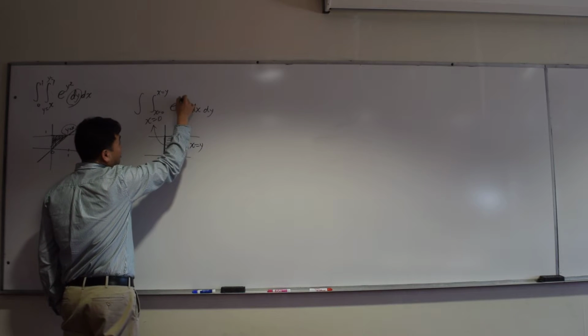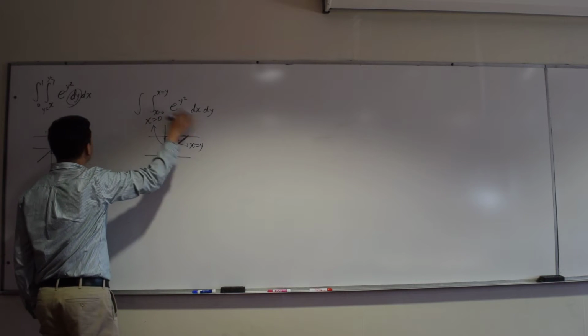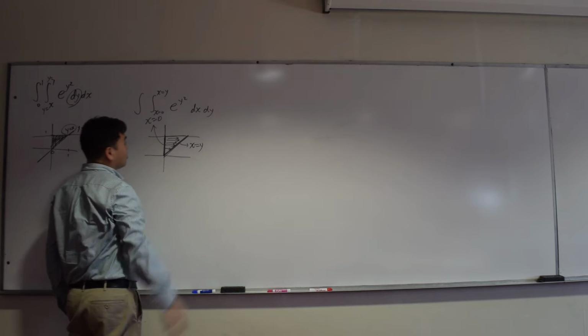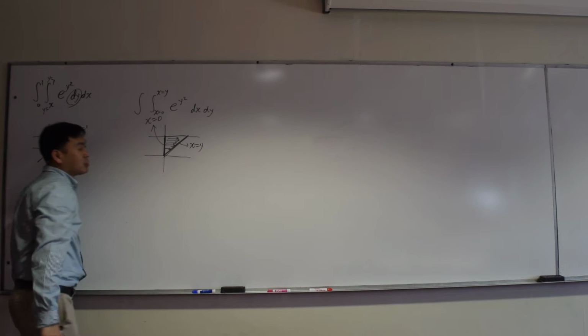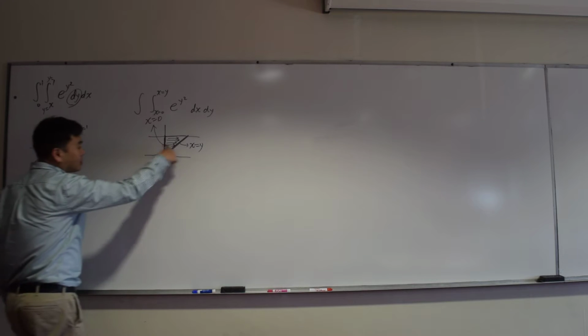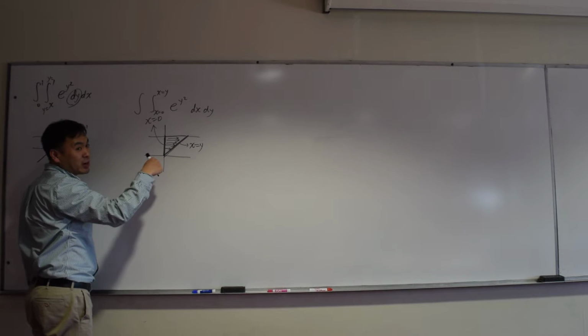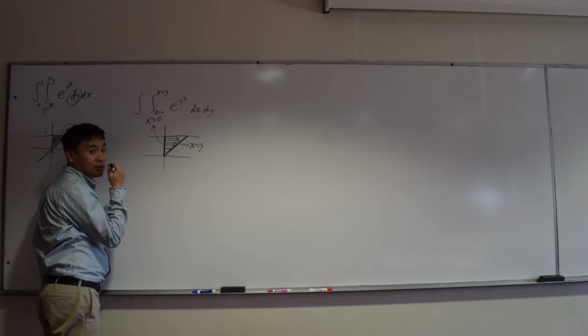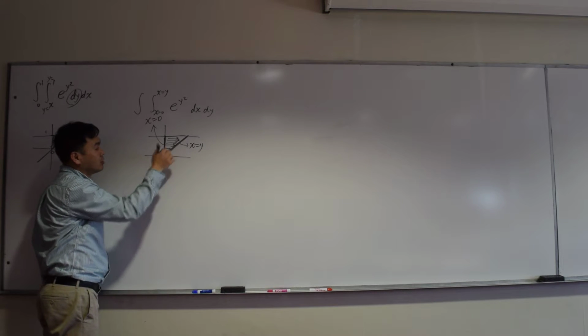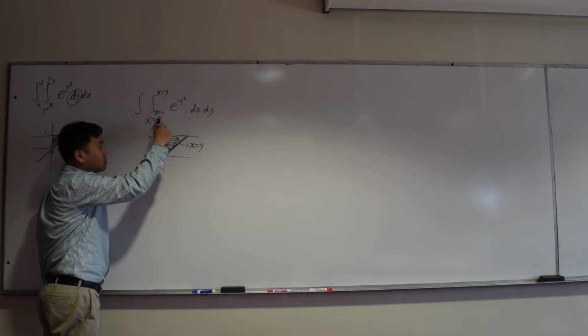e to the y squared is still the same, but dy dx is now changed to dx dy. And then what remains are the y values. As you're painting, what's the minimum y value and what's the maximum y value? The minimum is 0, and the highest is 1.